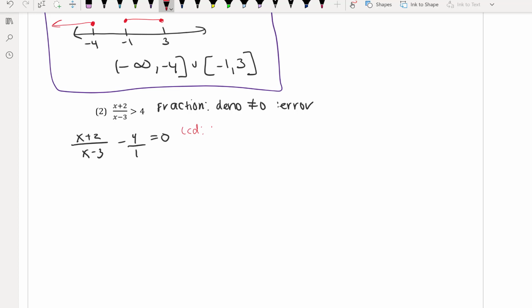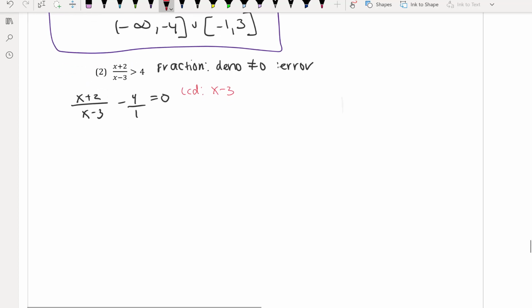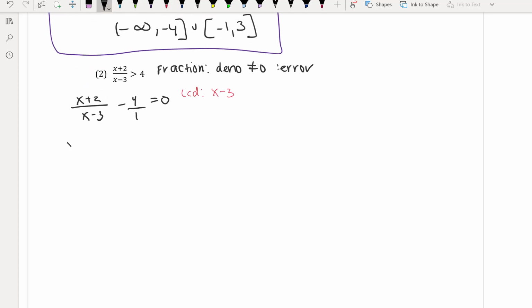So for my LCD, I'll have an x minus 3. So I will have (x + 2)/(x - 3) - 4. And that LCD, I need it to be the same in order to add and subtract fractions. So I need to multiply the bottom by x minus 3, which means I'm going to have to multiply the numerator by x minus 3 as well. And, well, if you want to think about it, 0 times anything will just be 0.